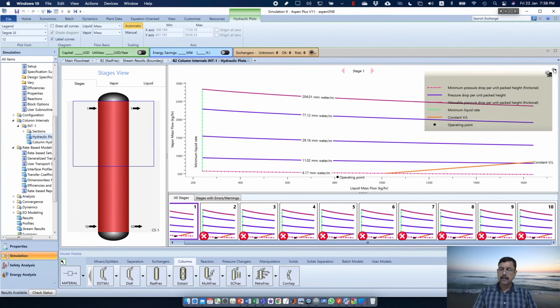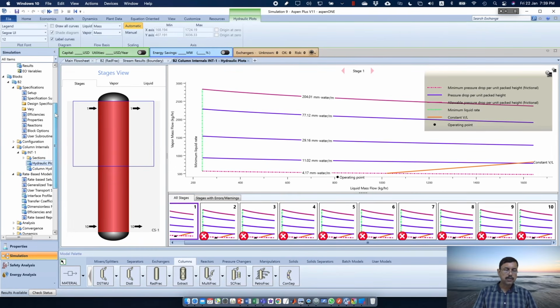This is the minimum pressure drop per unit packed height. That means none of the section of the column is having this minimum pressure drop per unit packed height. So to increase the pressure drop per unit packed height, we can change something in the geometry.